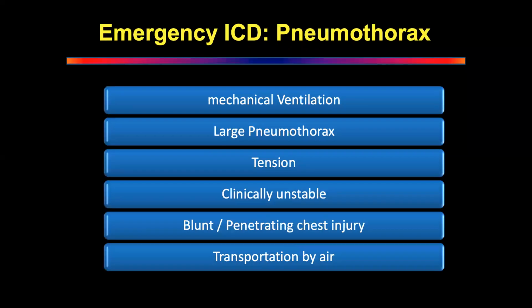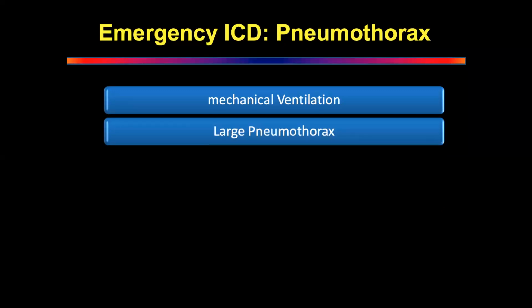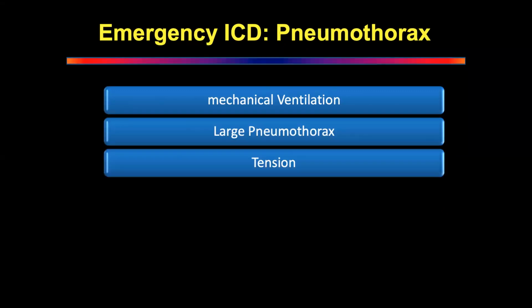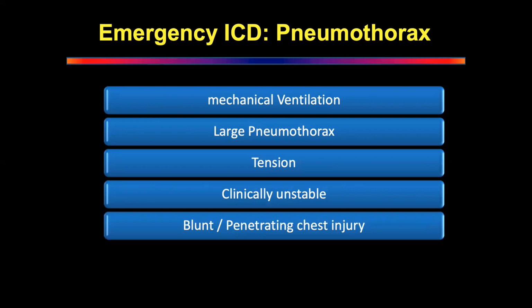Okay. I'm just going to go back and revise everything. This is important. You must know all these. This is straight from the examiner's guidebook. So everything I'm telling you is there. Mechanical ventilation, large pneumothorax, tension pneumothorax, clinically unstable patient. You should never have a chest X-ray showing a pneumothorax. Blunt and penetrating chest injury.